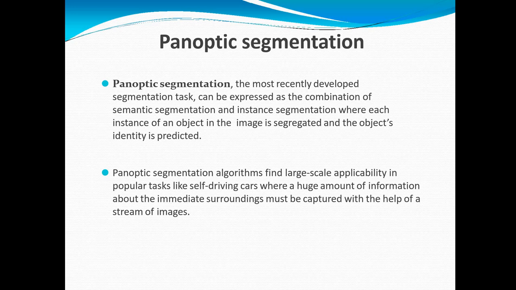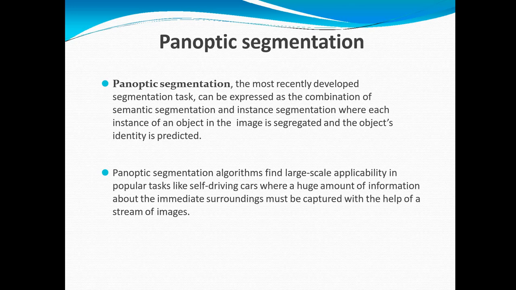Panoptic segmentation. Panoptic segmentation, the most recently developed segmentation task, can be expressed as the combination of semantic segmentation and instance segmentation, where each instance of an object in the image is segregated and the object's identity is predicted.